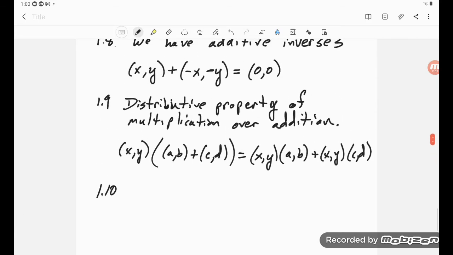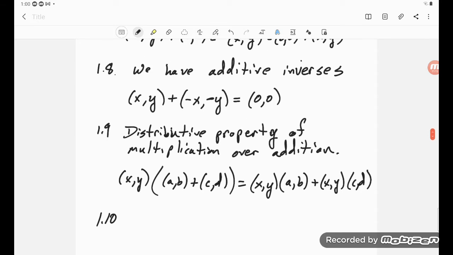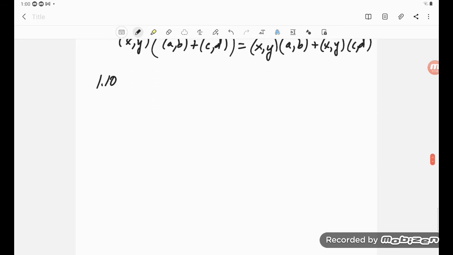By the way, the textbook proves 1.8. Then 1.10. 1.10 is closure under multiplication.